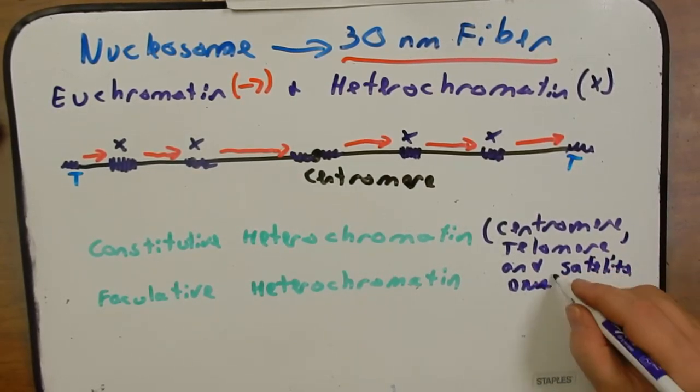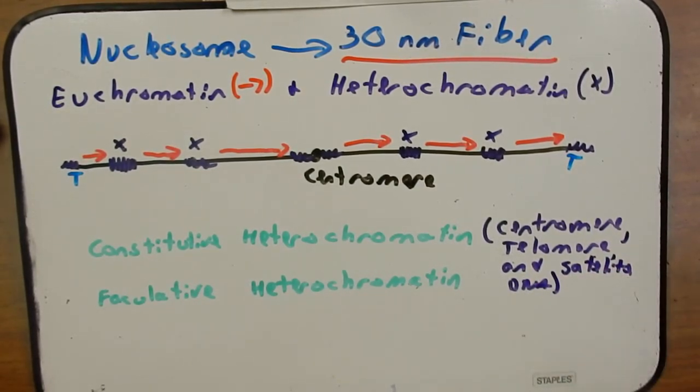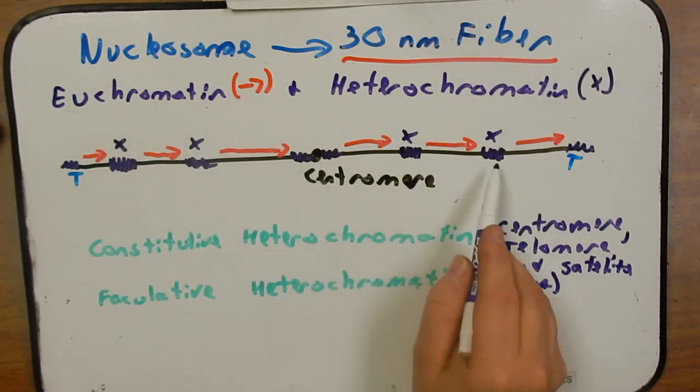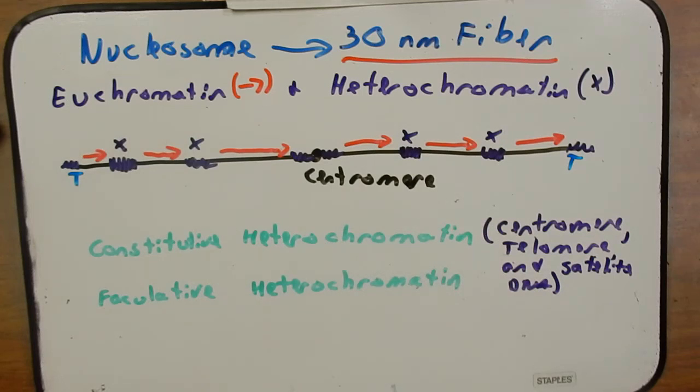Satellite DNA we can for now define as areas of highly repetitive DNA. They don't contain genes. Facultative heterochromatin, however, are areas of the chromosome, they might be these regions here, where in some tissues or developmental periods they are heterochromatin, and in others they are euchromatin.